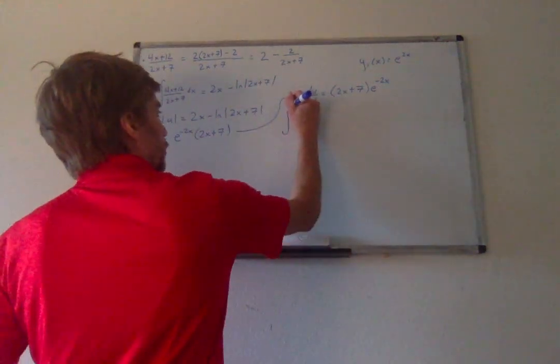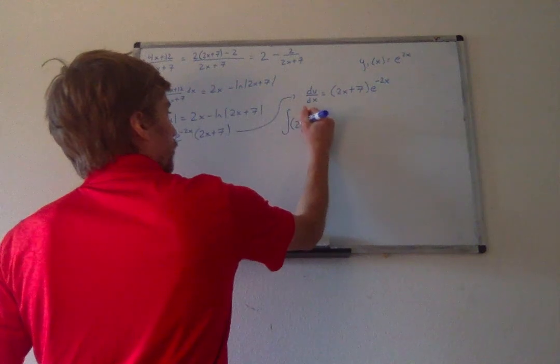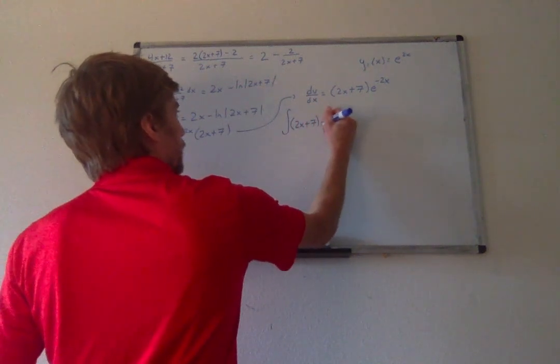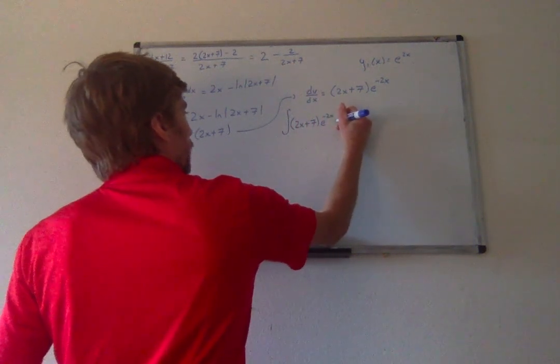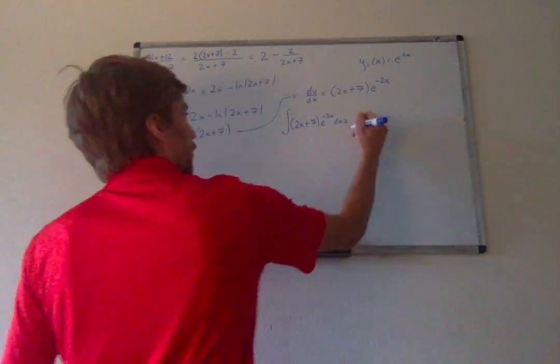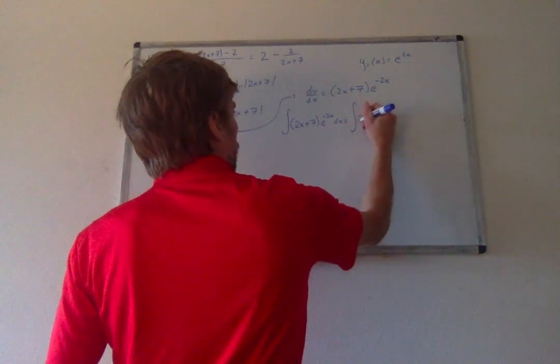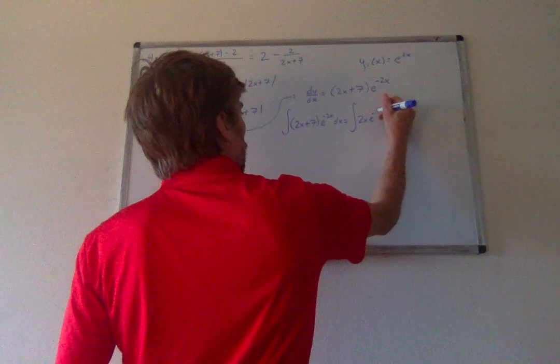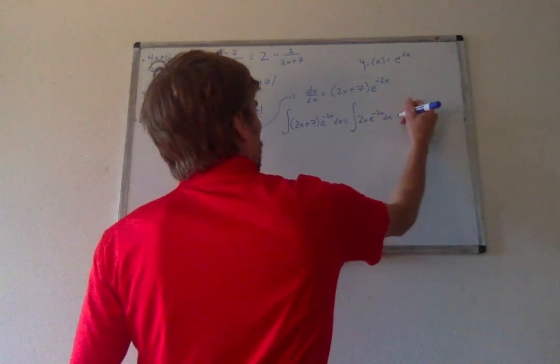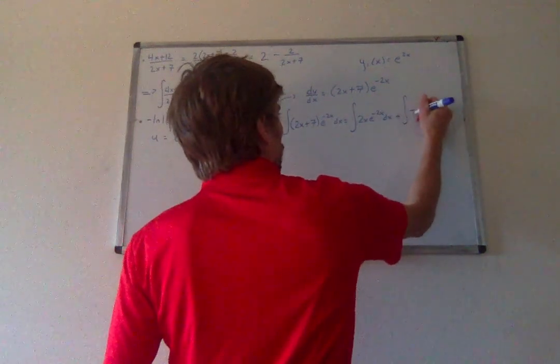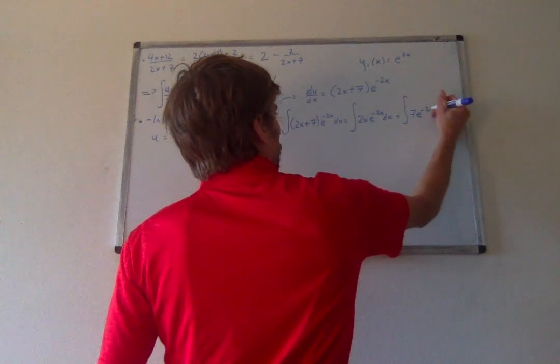So first I'll sort of note the integral of 2x plus 7 e to the negative 2x dx. It'd be a little easier to break it up into the sum of two integrals because the second integral will be relatively straightforward.